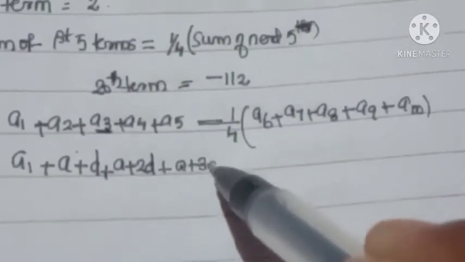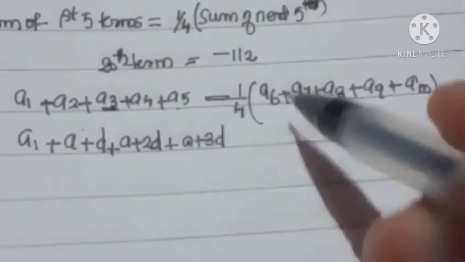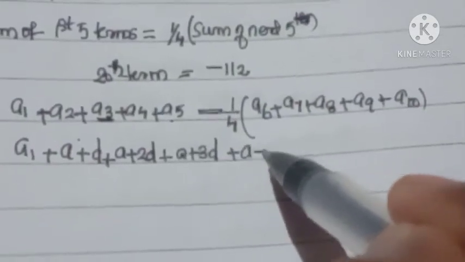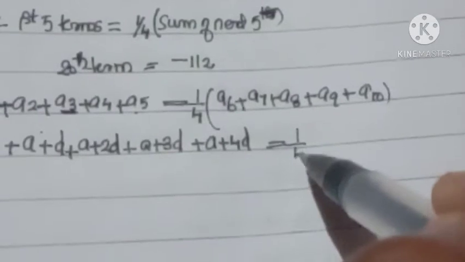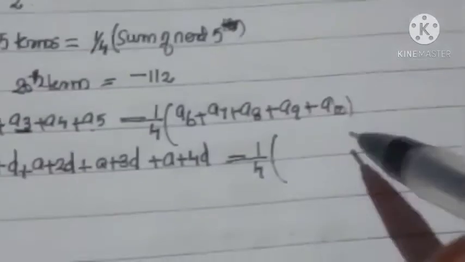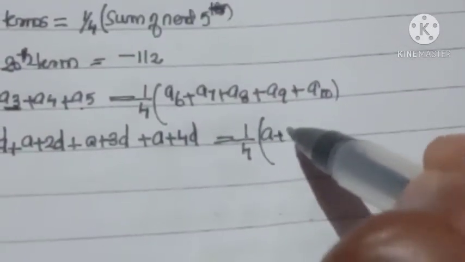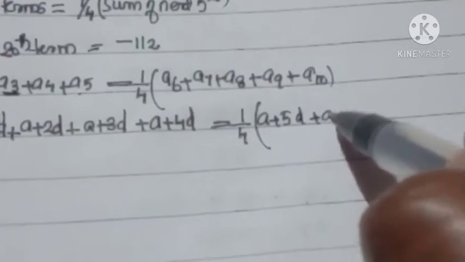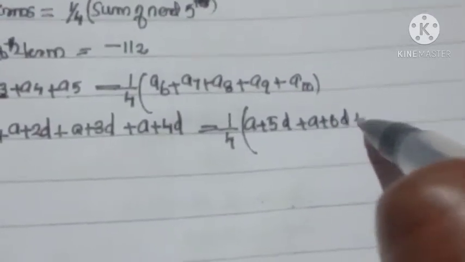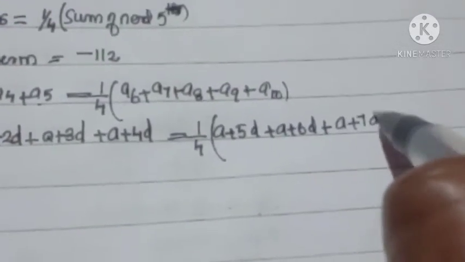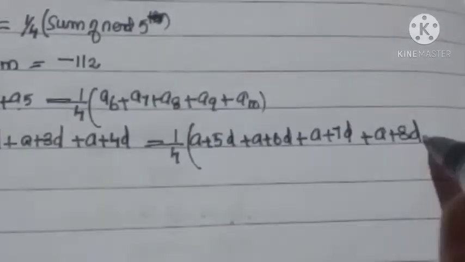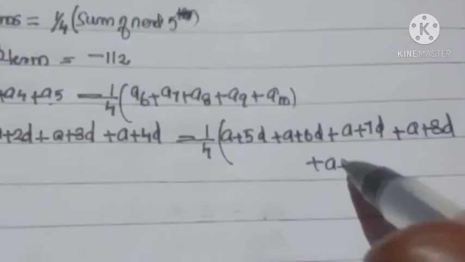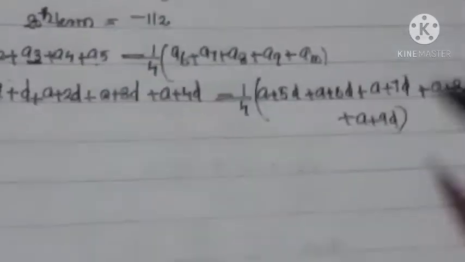Then the fifth term can be written as A plus 4D, is equal to 1/4 of A6. Similarly, A6 can be written as A plus 5D, the 7th term A plus 6D, the 8th term A plus 7D, the 9th term A plus 8D, the 10th term A plus 9D.